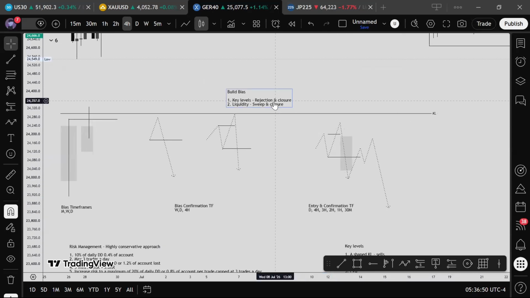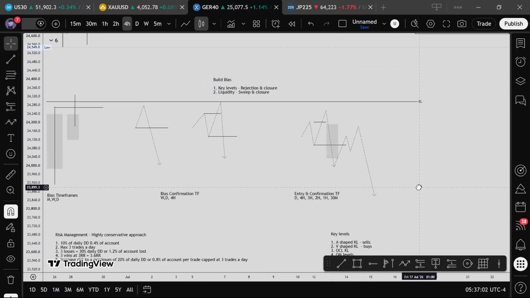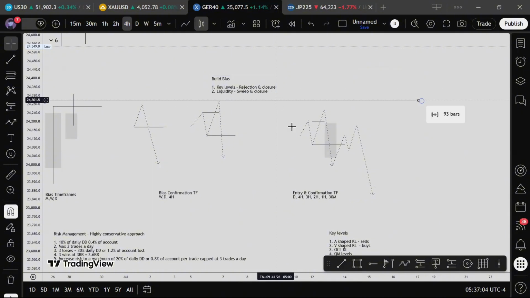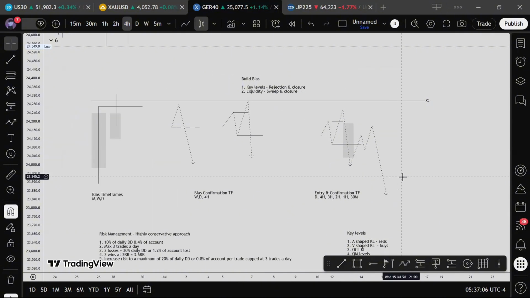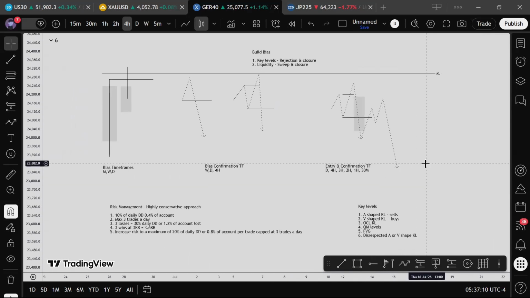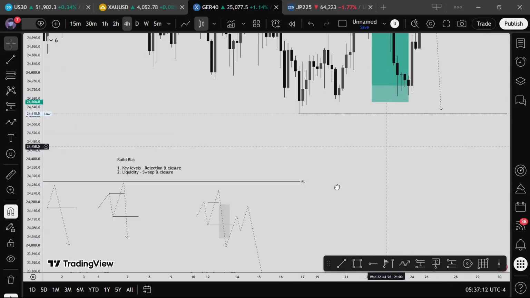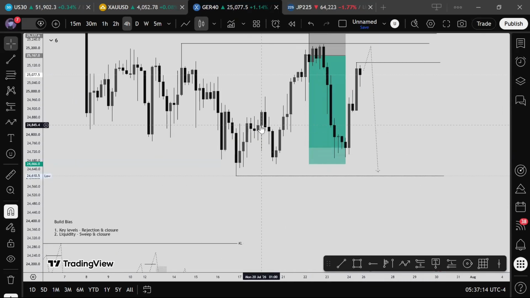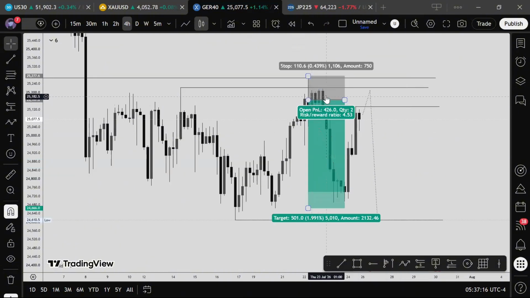And as I said, you can look for a rejection and a closure, but sometimes I look for rejecting, right? Especially for a sweep. If there is a sweep, I can take a closing candle. I don't need to wait for a closed candle. Sometimes it just depends. It's lower probability, but yeah. And the logic behind an engulfing is the other participants at that point are leaving the market.